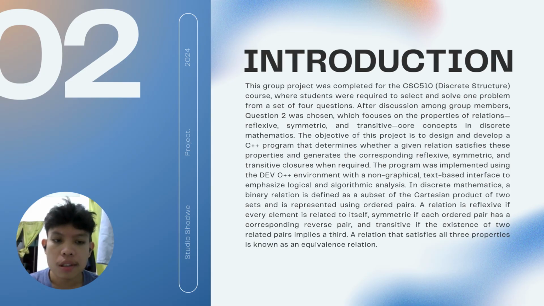A relation is reflexive if every element is related to itself, symmetric if each ordered pair has a corresponding reverse pair, and transitive if the existence of two related pairs implies a third. So, a relation that satisfies all properties is known as an equivalence relation.